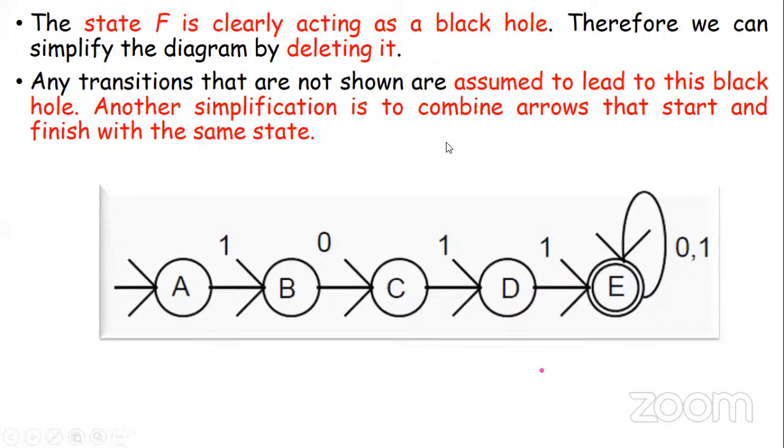So if I give you maybe 111001 and ask you to draw an FSA that can accept that, I'm sure you should be able to do that now. Any transitions that are not shown are assumed to lead to this black hole. Another simplification is to combine arrows that start and finish with the same state.